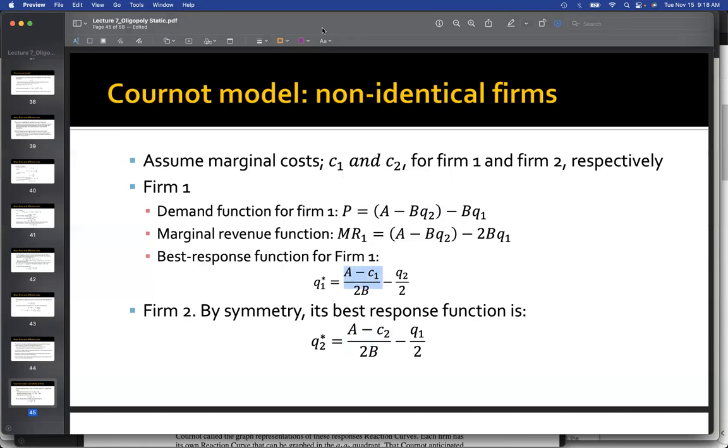Anyone? You can use the mic. See, since this one is connected to that one, whose monopoly profit is this? It's firm 1's monopoly profit, and this is firm 2's monopoly profit. In particular, they don't have to be the same because c1 and c2 are different.